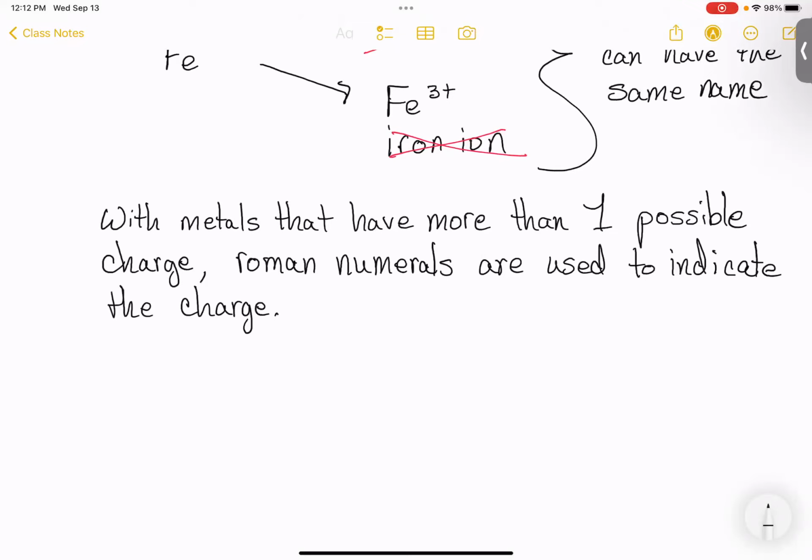In other words, if we have a +1 charge, then we'll use the Roman numeral 1 in parentheses.